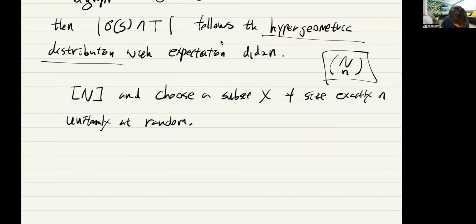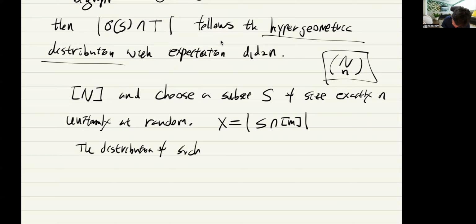Then you let the subset be F, and then you let X be the random variable which is the intersection with a specific set of size m. Then the distribution of such X is called the hypergeometric distribution.